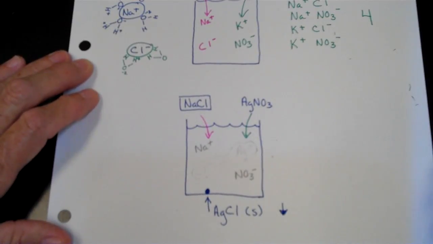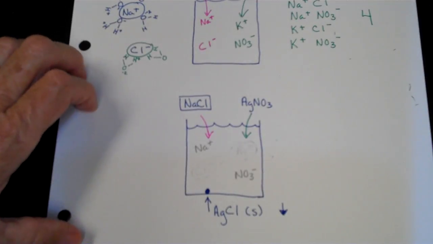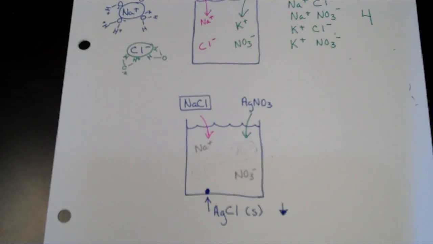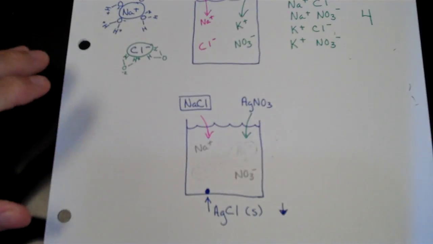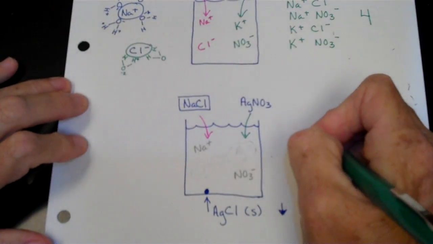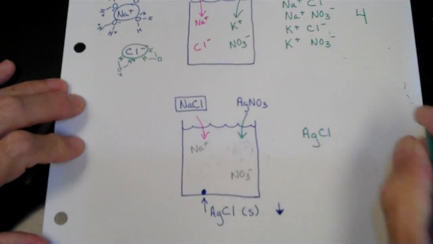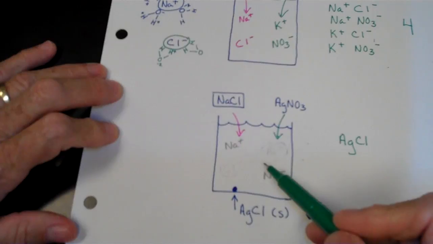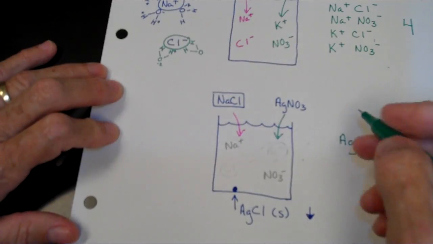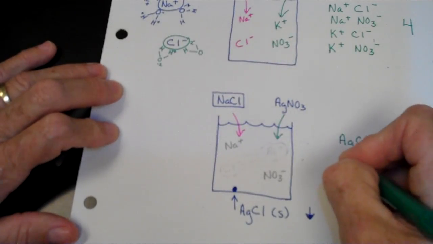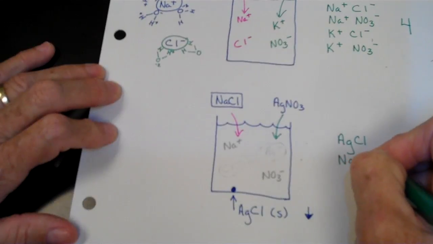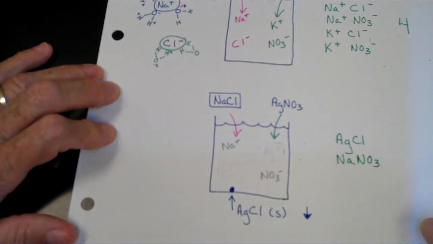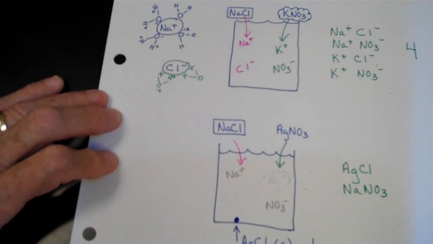So how many products are going to be formed here? Well, this is very different because the silver chloride precipitates out. That means that when the water is evaporated off of this reaction, we would then form sodium nitrate. What's the difference then in this reaction?